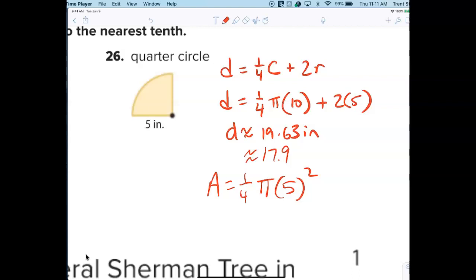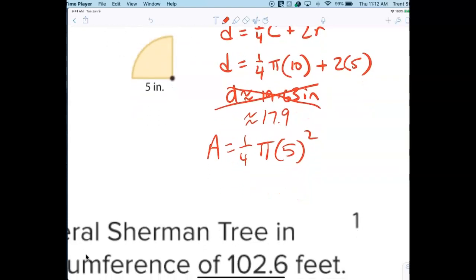1/4 times pi times 10 plus 10. Okay, so 19.63. It's the area. Now somebody do 1/4 times pi times 5 squared.